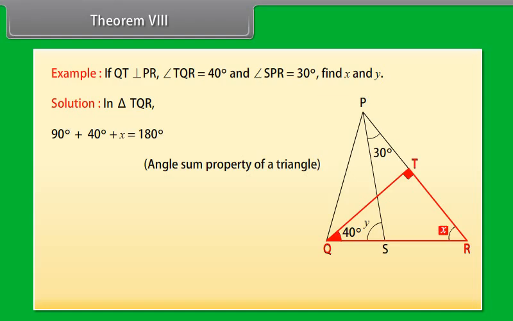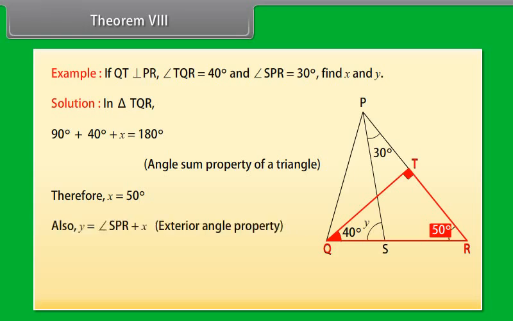Mark it as 1. Also, angle 1 plus angle 2 plus angle 3 is equal to 180 degree because the sum of all the angles of triangle is 180 degree. Mark it as 2. From 1 and 2 we can say that angle 4 is equal to angle 1 plus angle 2.